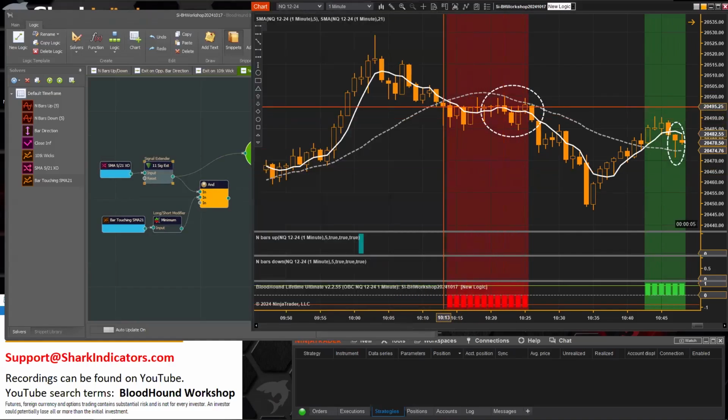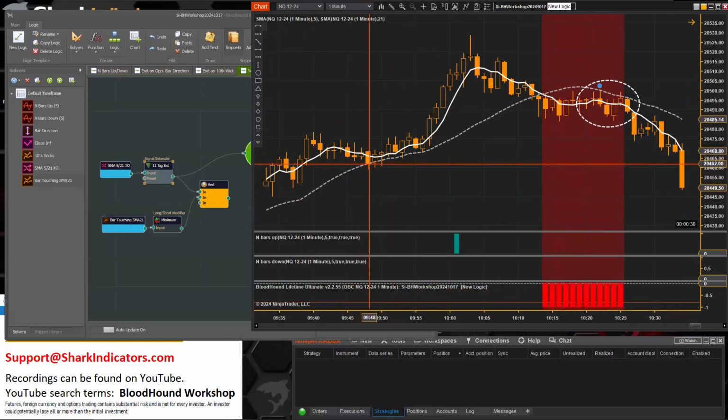So once we get our first bar here that touches, then most likely you probably don't want to see any more signals if the next bar touches, right? Because there's probably a good chance where you get a bunch of bars touching, like, boom, boom, boom, boom.